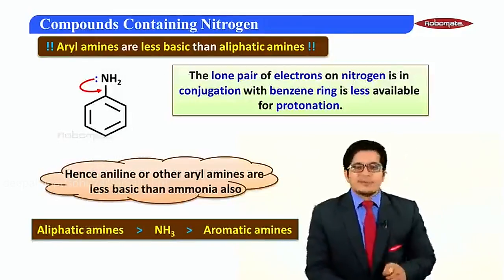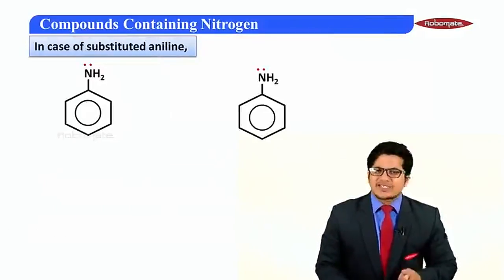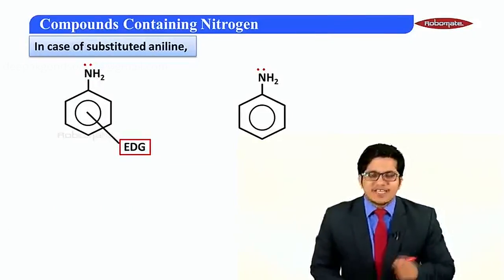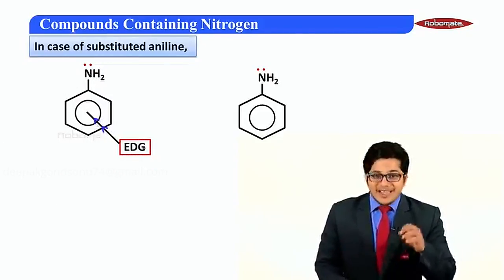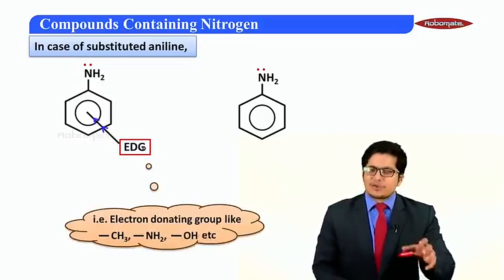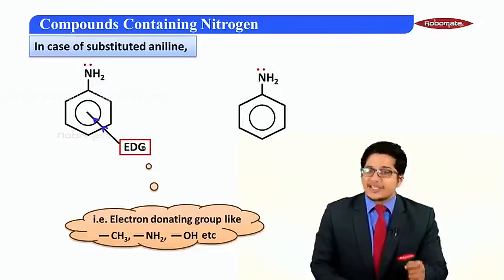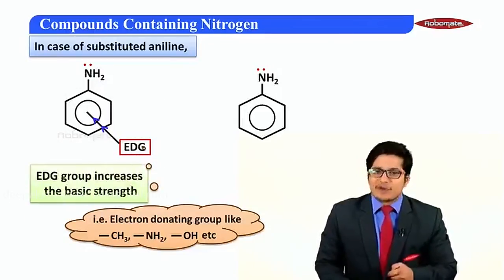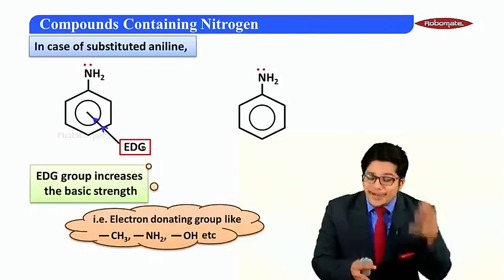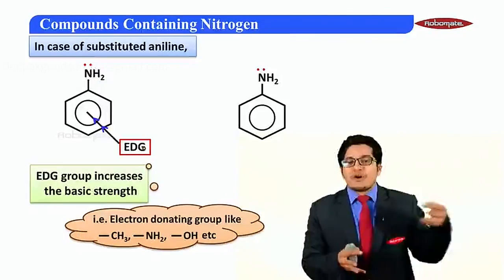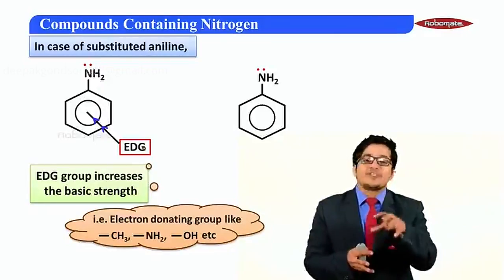Fine? Let's move further. Now, in the case of substituted anilines, here you have an NH2 group, which is an electron donating group. Suppose I add some other electron donating group as well, such as CH3, NH2 or OH, then the basic strength would go on increasing, because the benzene ring would receive more electrons, and fewer electrons of nitrogen would be taken for conjugation.